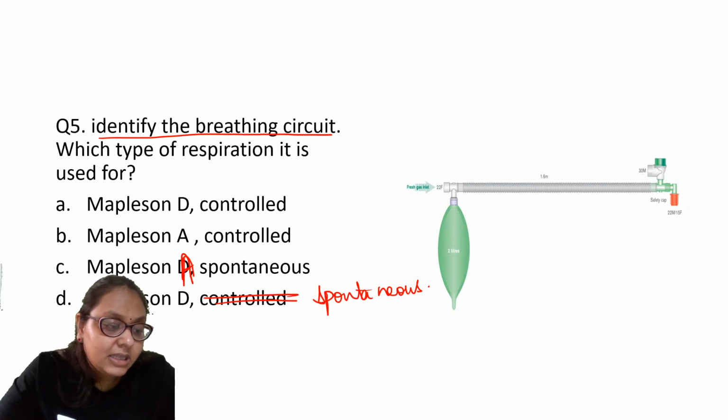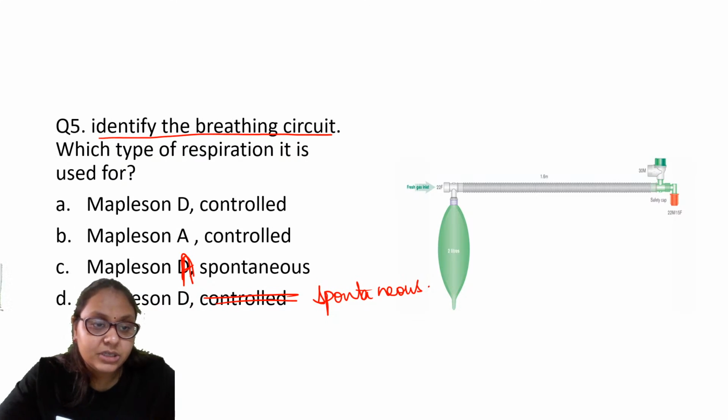What is the answer for this? I'm waiting for the answer. What should be the answer, Dr. Kunal? Is it Mapleson A or Mapleson D? If it is A, which type of respiration is it used for? If it is D, which type of respiration is it used for?